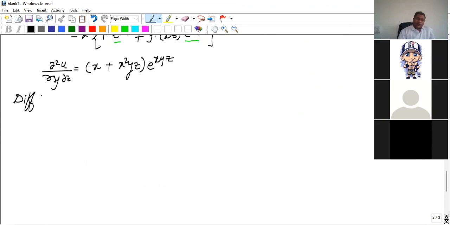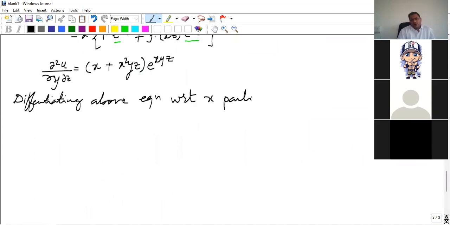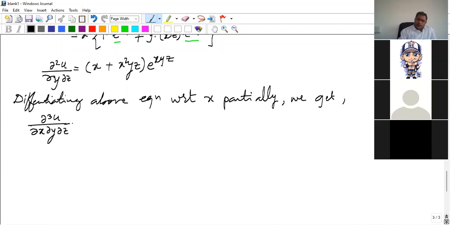Differentiating the above equation with respect to x partially, we get ∂³u/∂x∂y∂z equal to ∂/∂x of (x plus x²yz) e^(xyz).